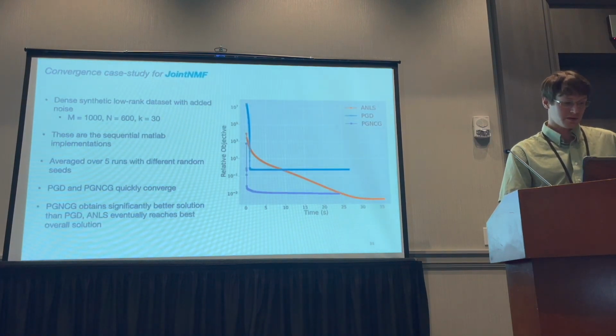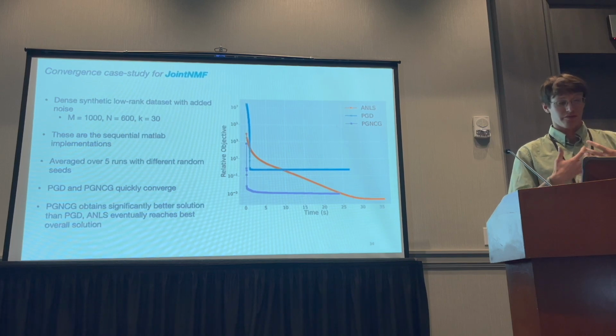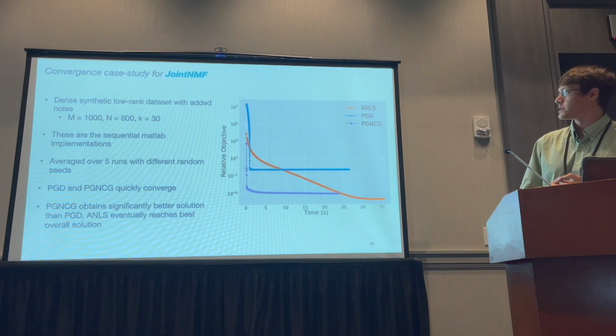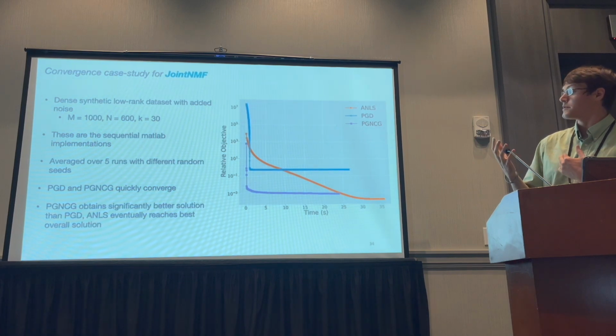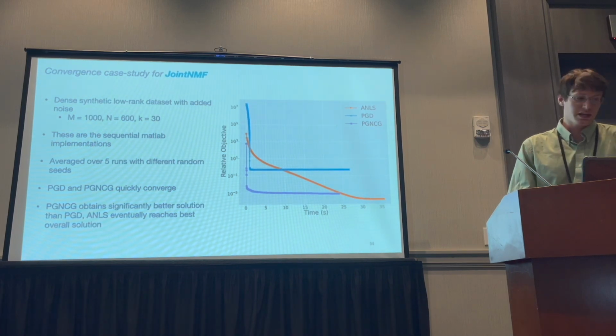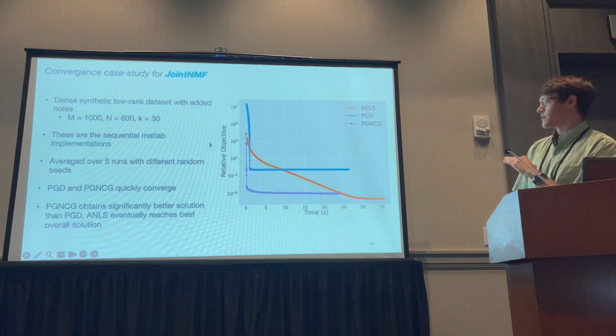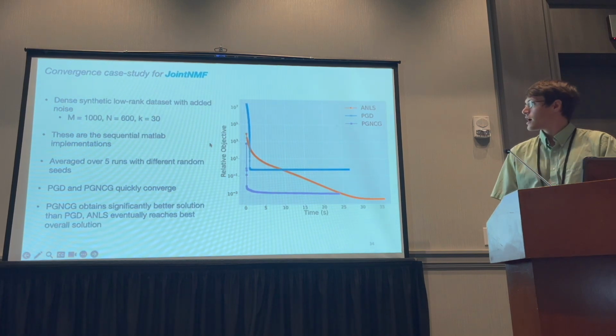Before we did any scaling experiments, we did some convergence studies of the three algorithms that empirically demonstrate their respective convergence properties. In this case, we have m equals 1,000, n equals 600, and k equals 30. These are the sequential implementations that we ran before implementing the distributed variants.